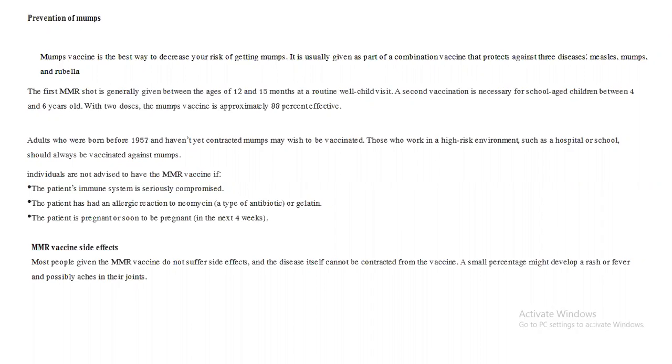A second vaccination is necessary for a school child aged between 4 and 6 years old. With two doses, the mumps vaccine is approximately 88% effective. Adults who were born before 1957 and haven't yet contracted mumps may wish to be vaccinated.